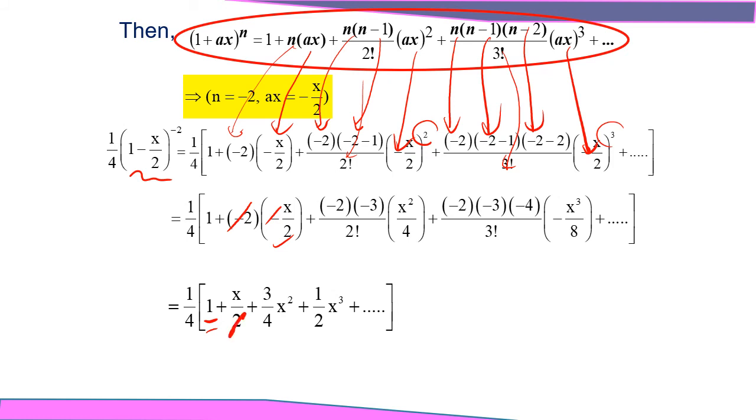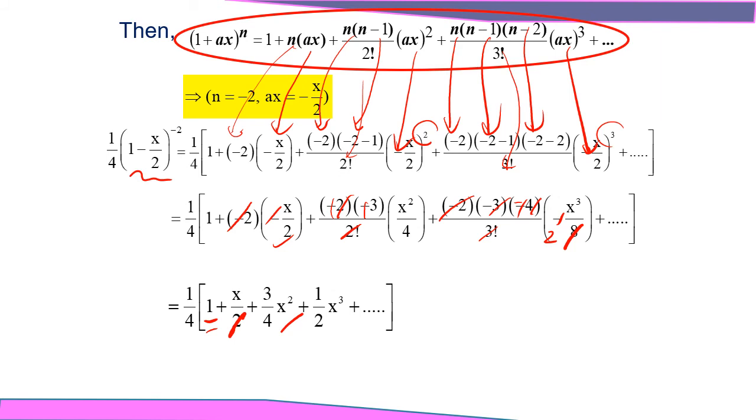And then this one, negative 2 times negative 3 over 2 factorial, times x squared over 4, gives positive 3 over 4. Yes, correct. And then this one gives x cubed over 2, plus dot dot dot. So you should do some correction here.